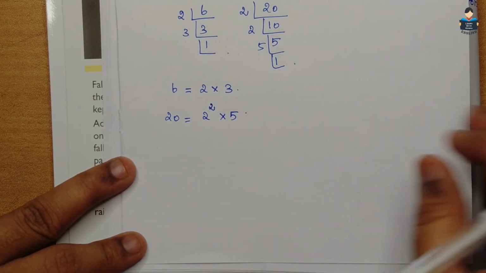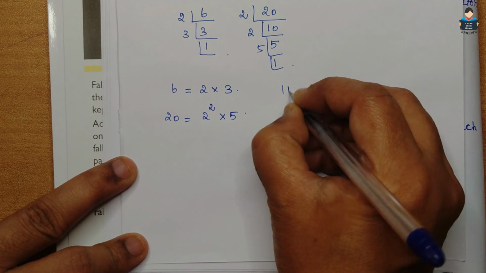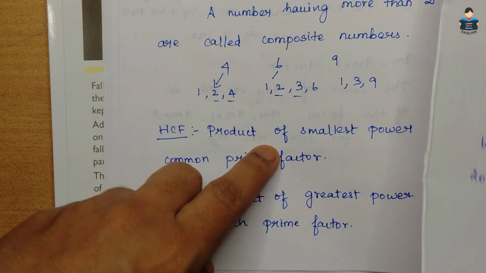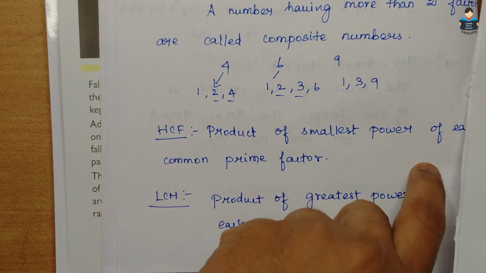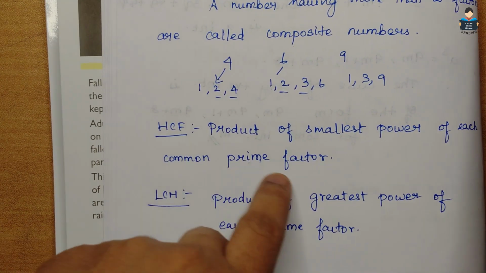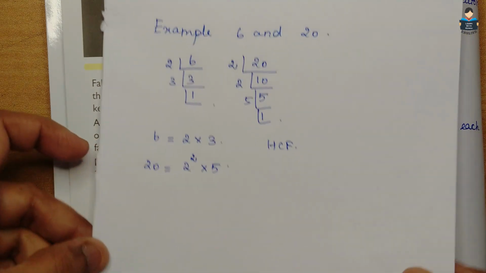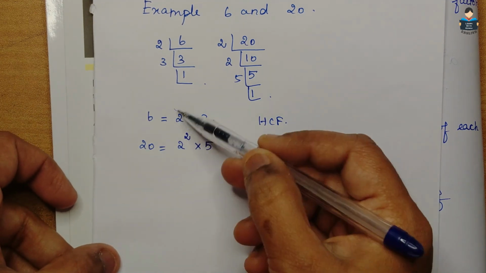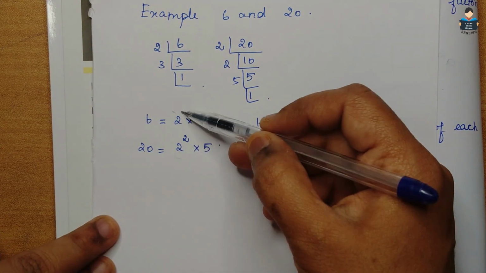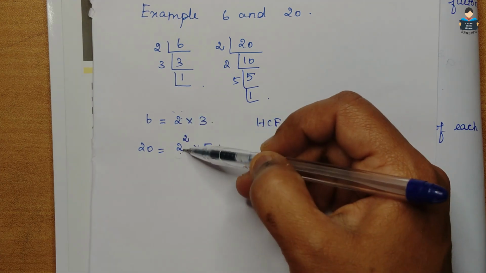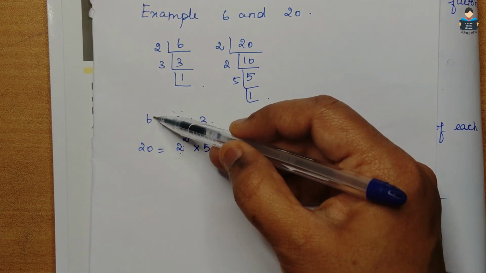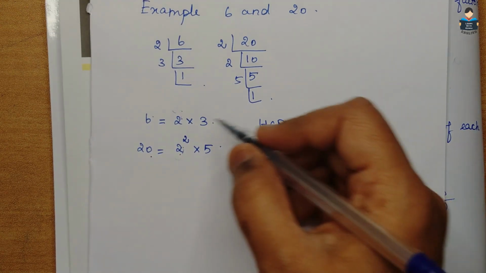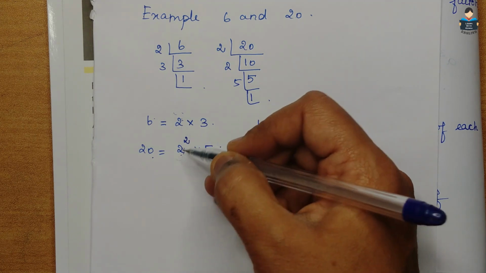According to the definition of HCF, now we are going to find the HCF. In HCF, what they have given is the product of the smallest power of each common prime factor. 2 is a prime number and it is the common factor for both 6 and 20. When taking HCF, we have to see the lowest power.